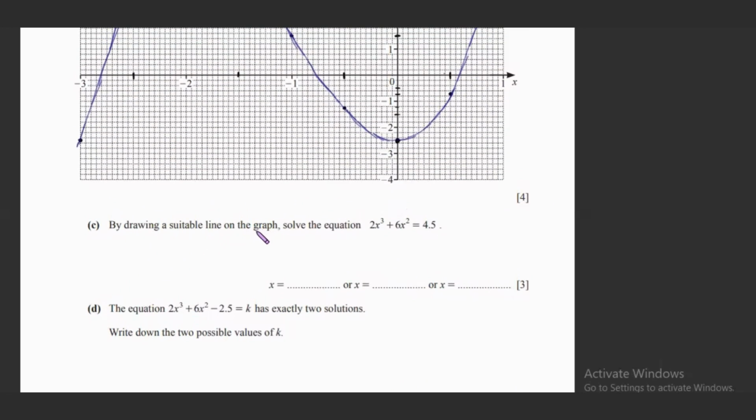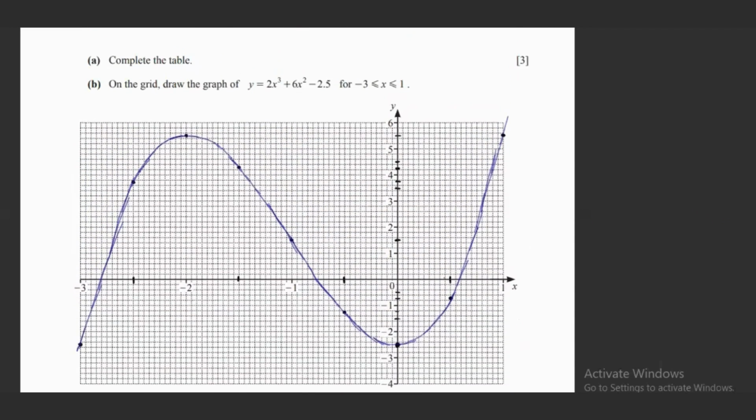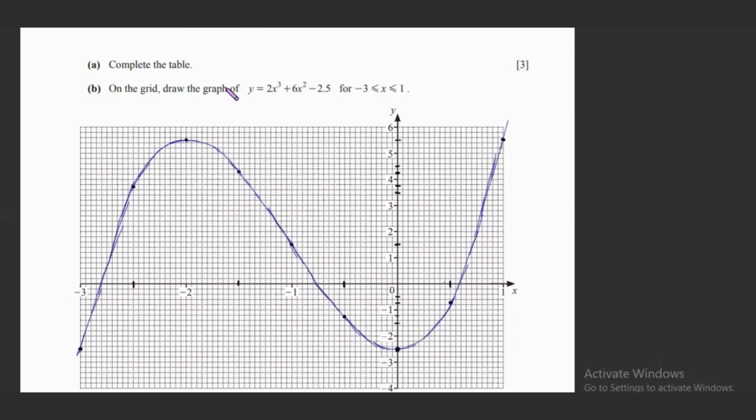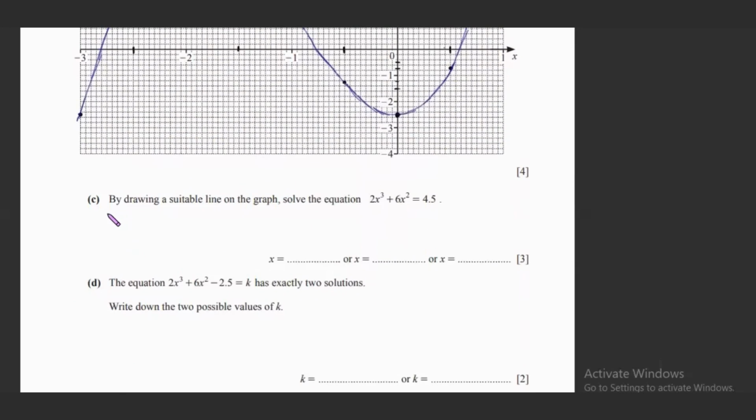By drawing a suitable line on the graph, solve the equation 2x cubed plus 6x squared is equal to 4.5. Now first, the equation of the graph is y is equal to 2x cubed plus 6x squared minus 2.5.